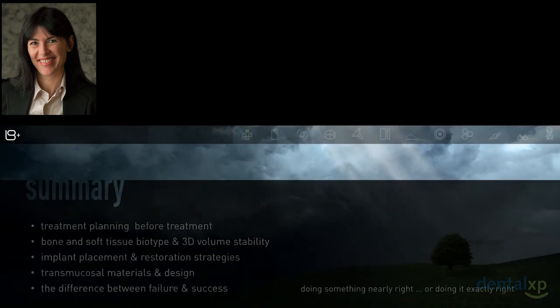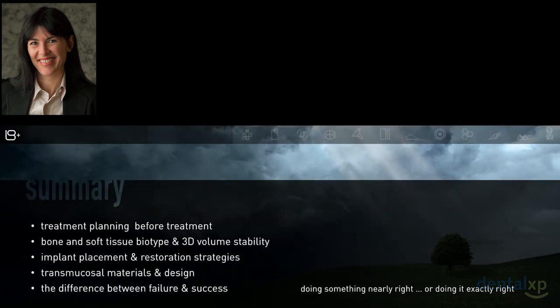So what I've had the opportunity to do with you today is to spend a little bit of time to tell you that you've got to treatment plan before you treat. There's a lot of very interesting things that we can do with bone and soft tissues, whether it's autogenous or a biologic. There's a lot of interesting implant placement and restoration strategies, and if I can think about immediacy, I do. I think it's a great thing in terms of what it does for soft tissues and the outcome.